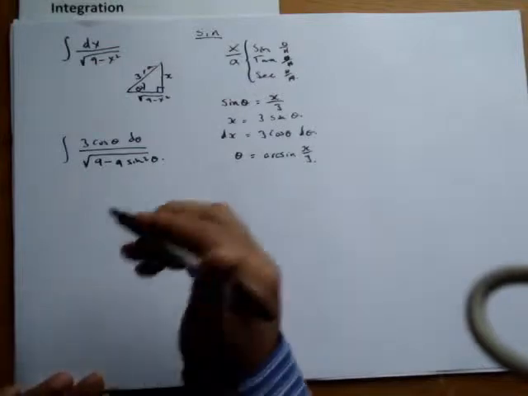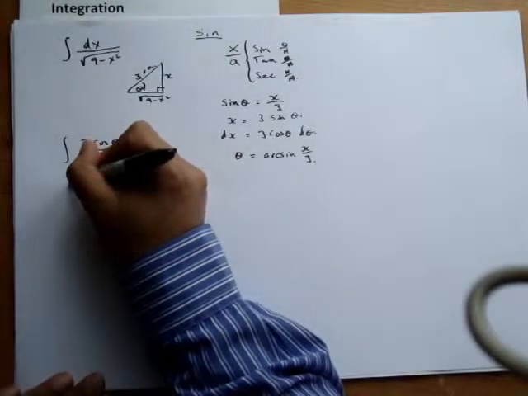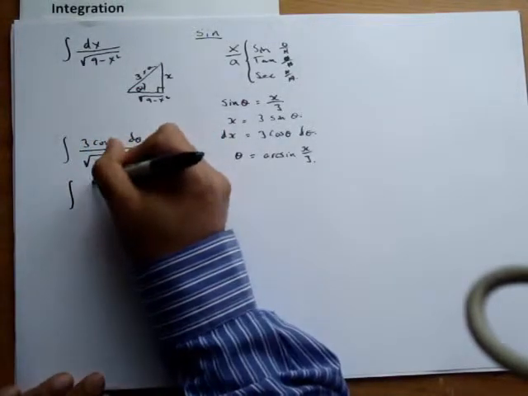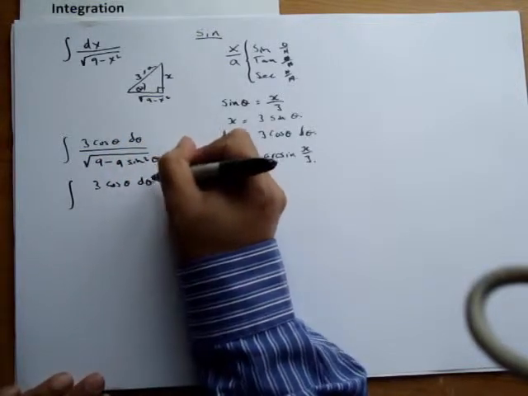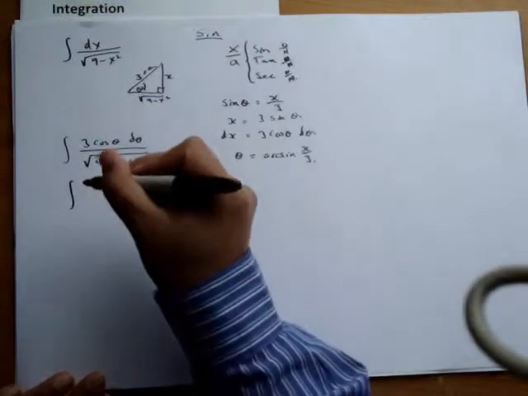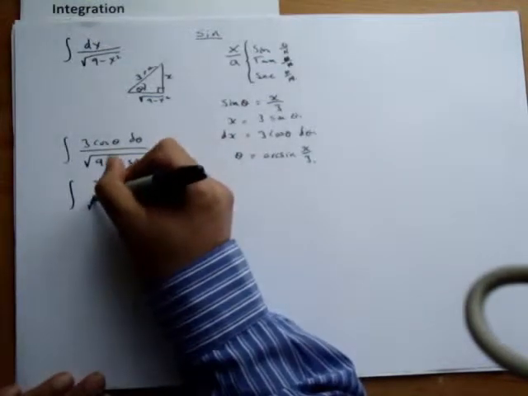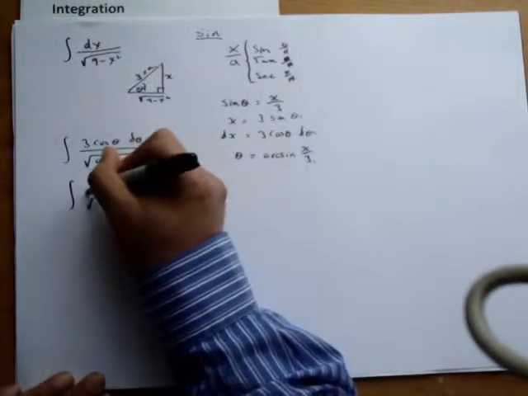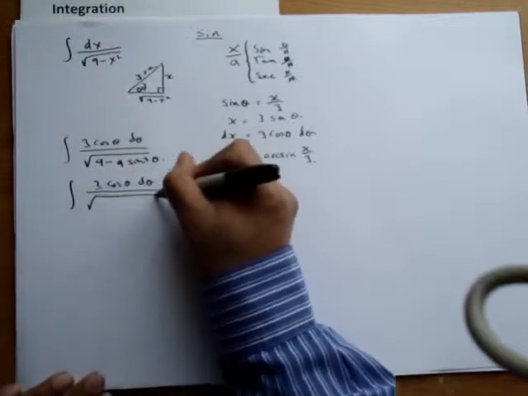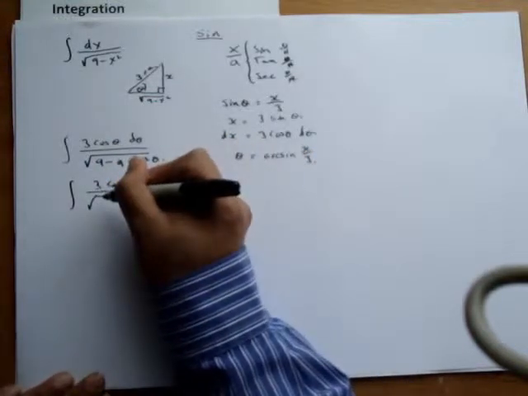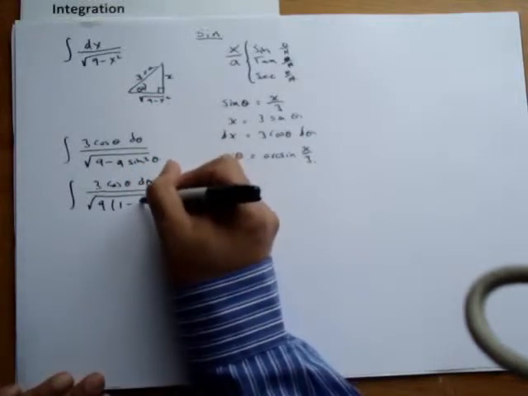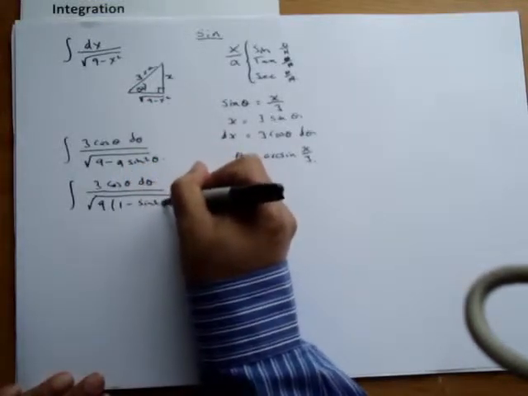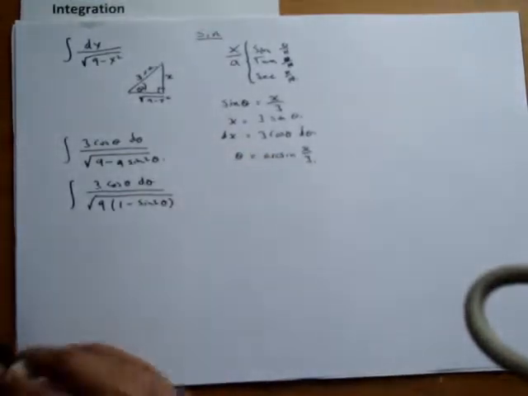Now we can use our, let's put this down first, so that's 3 cos theta d theta. If we take our 9 out, this becomes 9 times (1 minus sine squared theta), so that's factoring the 9 out.